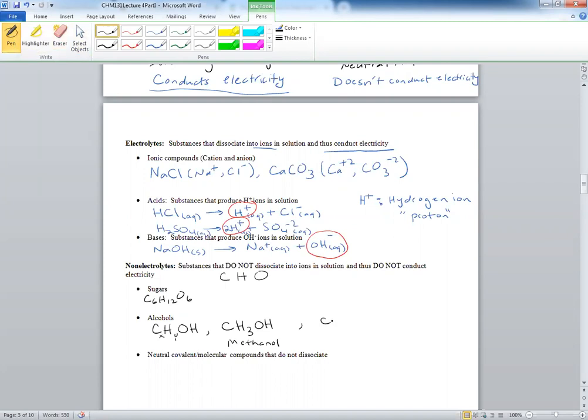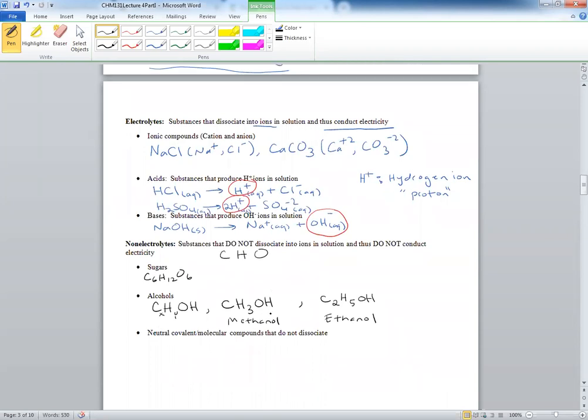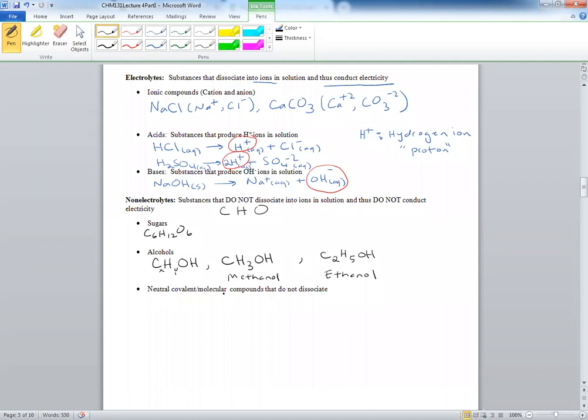So you will have C2H5OH, or sometimes it's written in another way, but here it is. This is ethanol. So all of those are non-electrolytes. And of course, you have neutral covalent molecular compounds that do not dissociate, just like the sugar. Those are usually lipids and oils. Those do not dissociate.